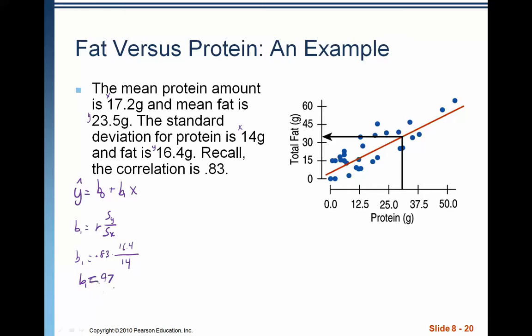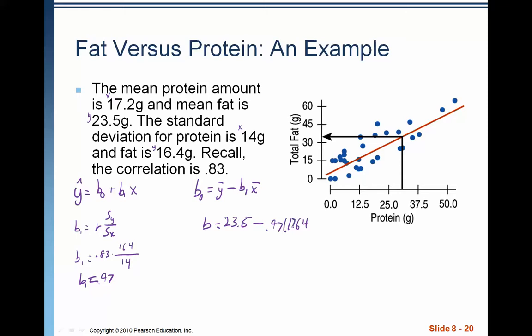So my slope is 0.97. My y-intercept, remember, b sub 0, is y hat minus my slope times x hat. So this is going to be 23.5 minus 0.97 times 17.2.